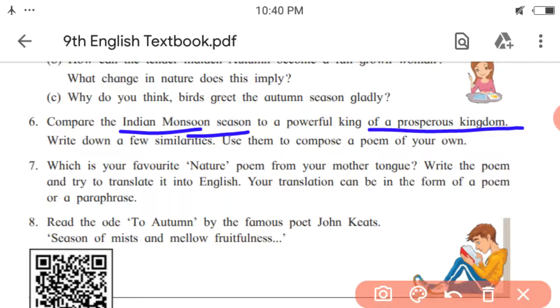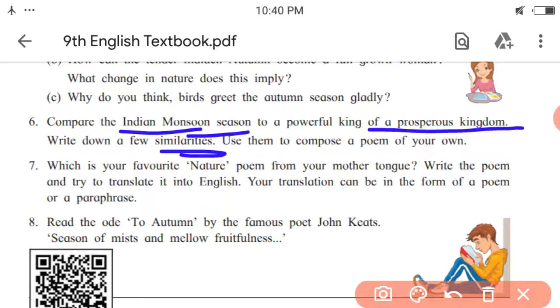Write down a few similarities. What similarity do they have? Just like the similarity between autumn and the maiden fair given in the poem, such similarities you have to find between the Indian monsoon season and a king of a prosperous kingdom.